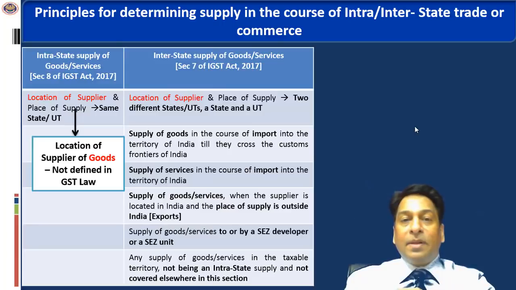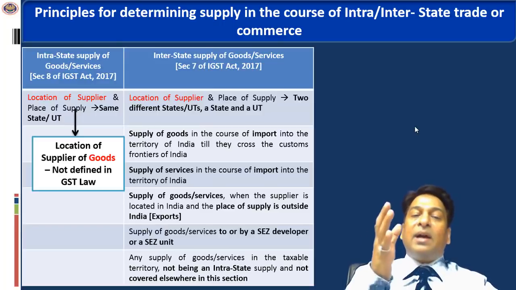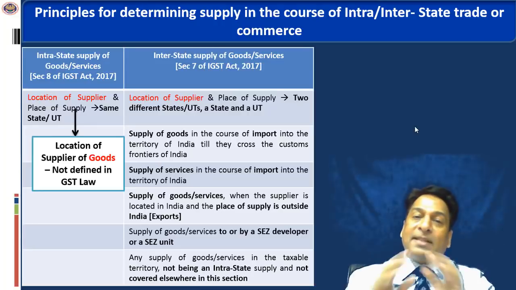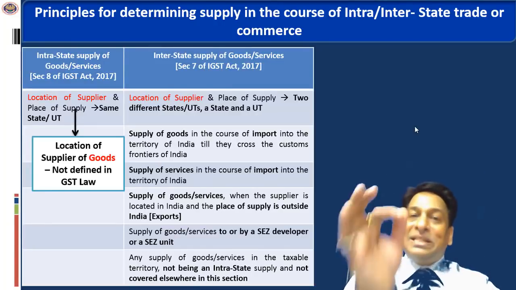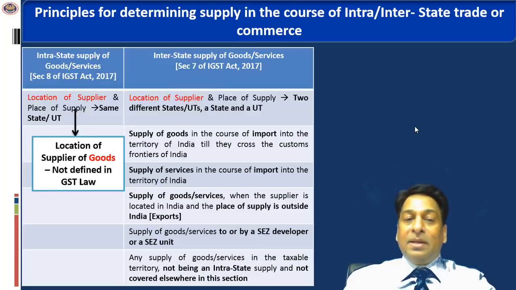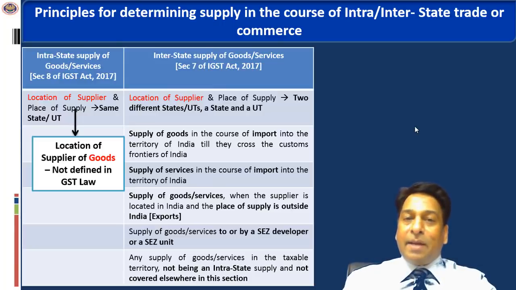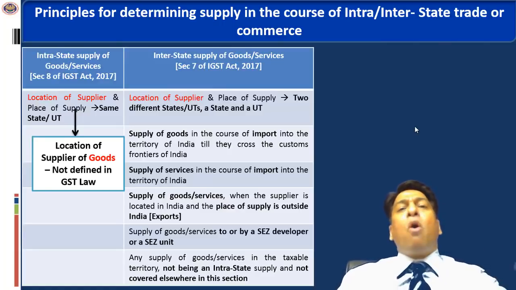Then comes supply of services. In the course of import into the territory of India, meaning thereby import of service, it is an interstate supply, IGST leviable. Supply of goods or services, when the supplier is located in India and the place of supply is outside India, normally we understand as export.